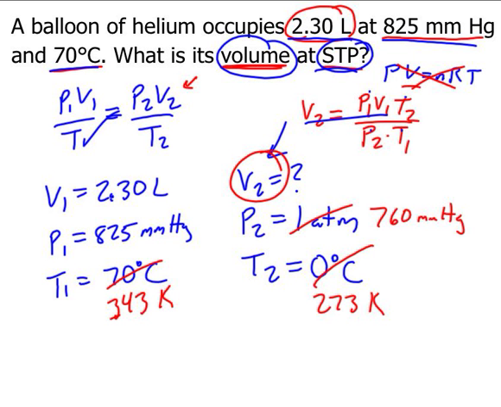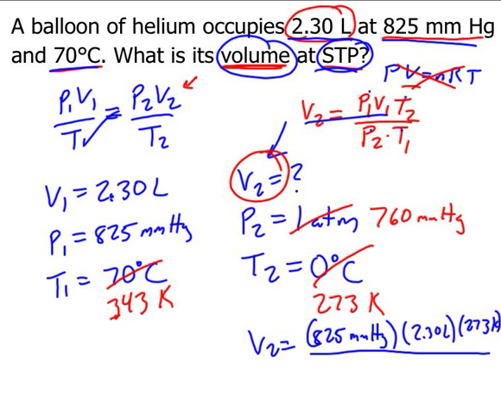So V2 is then going to equal P1, which is 825 millimeters of mercury, times V1, which is 2.30 liters, times T2, which I said was 273 Kelvin, over P2, 760 millimeters of mercury, times T1, which is 343 Kelvin. And if I've done this properly, I will notice the units: pressures cancel, Kelvins cancel, and I'm left with liters.